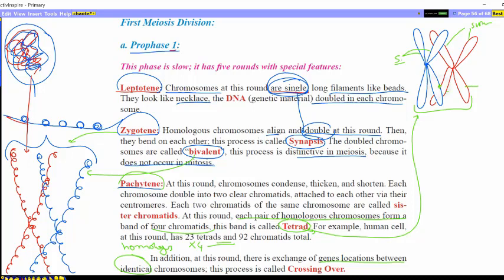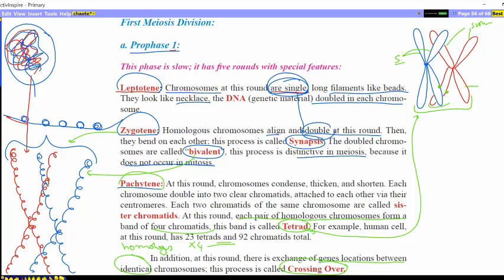So these 2 similar parts are both for eye color, but one of them may be blue eye, one of them black eye. These pieces are exchanged between 2 non-sisters, meaning one red and one blue. This exchange of locations is called crossing over. And crossing over is a process which helps to form different cells in meiosis.